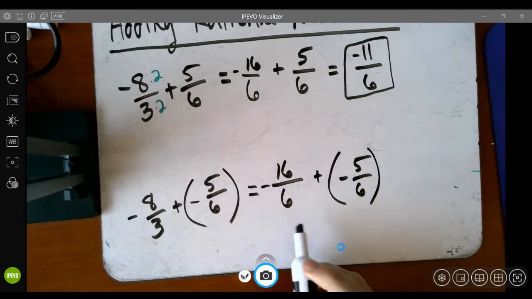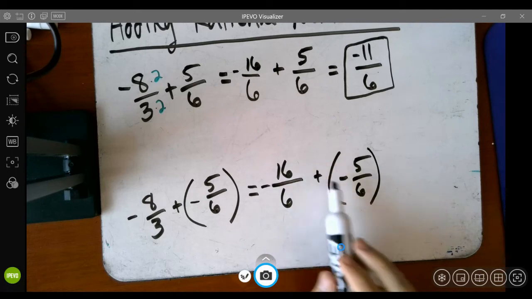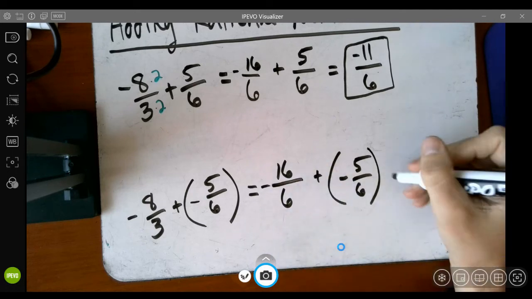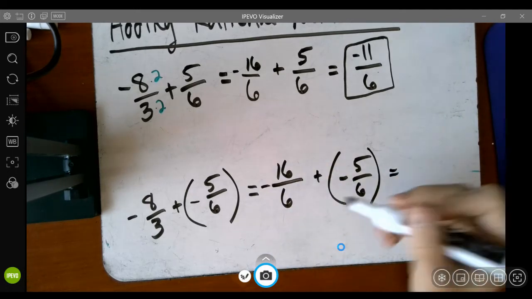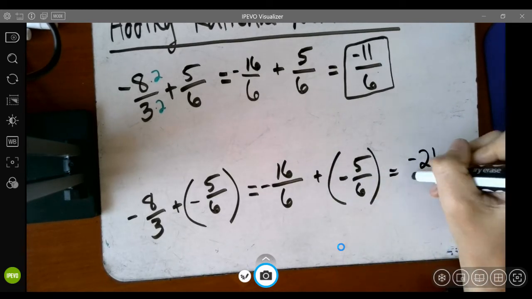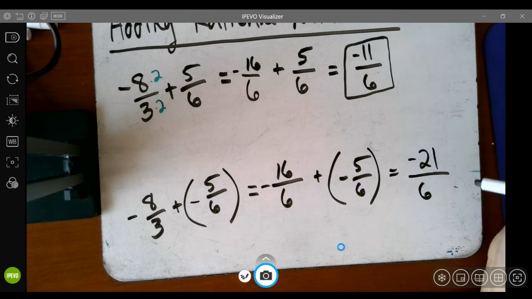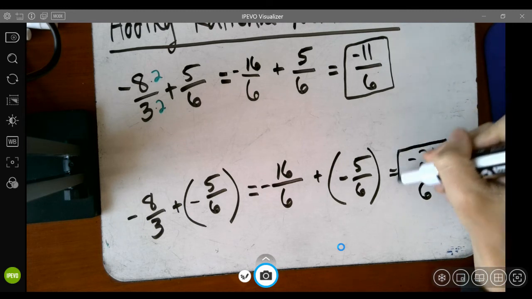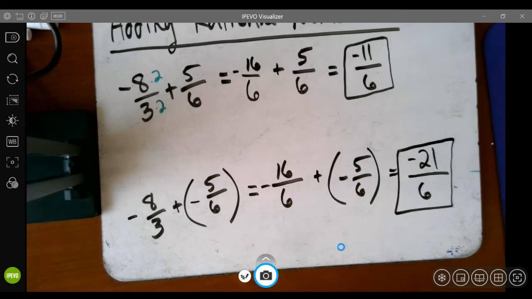Here it would be instead like we're adding negative 16 plus negative 5. And so negative 16 plus negative 5 is going to be negative 21. And then once again, we keep our denominator of 6. And so our answer would be negative 21/6.